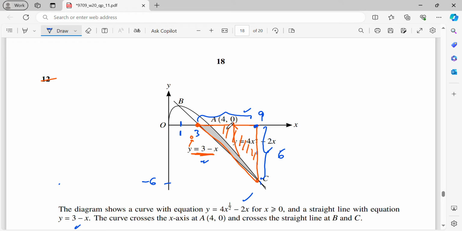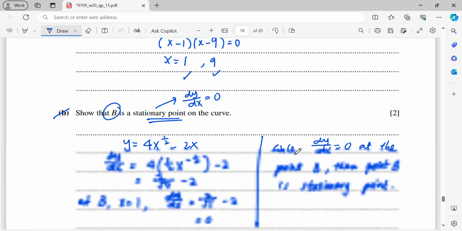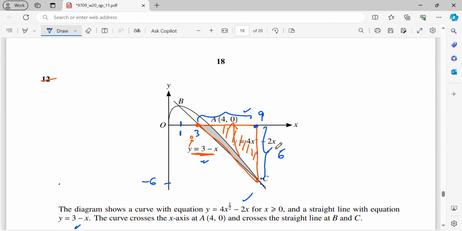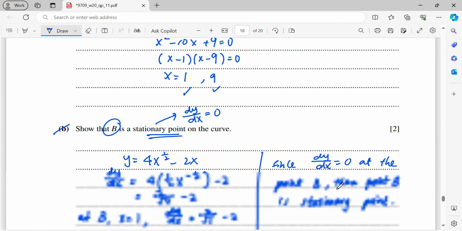Right? So area of triangle equals half of 9 minus 3 for the horizontal distance. Vertical distance will be 6 minus 0.